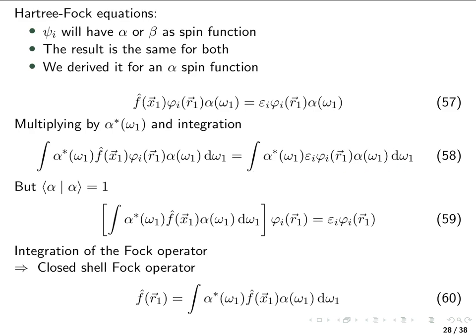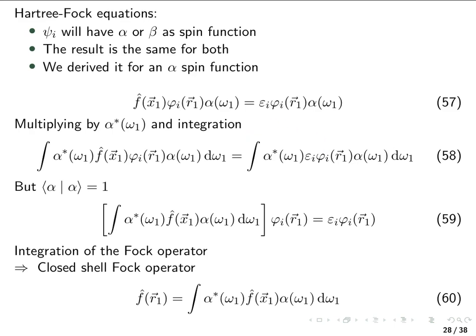Now let's look at the right side first, because here I have the orbital energy, which is a constant. Then I have one spatial orbital, and I have the alpha spin function and integrate over the spin of electron 1. Now the orbital energy of course is constant, which I can take out. The spatial function here also does not depend on the spin integration, so I also can take it out.